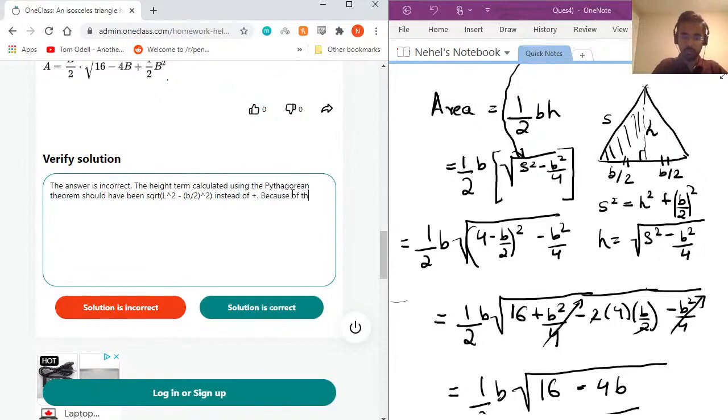Because of this error, the final answer is incorrect.